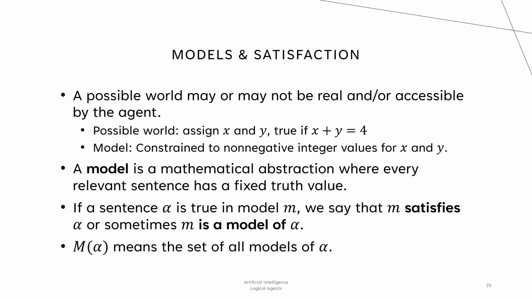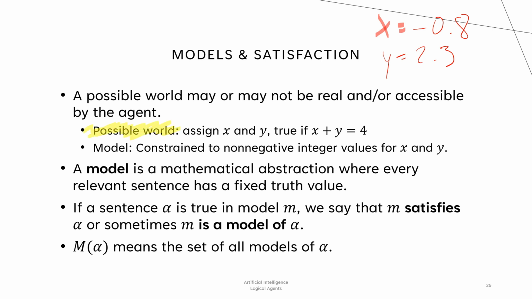Now we're going to talk about models. A possible world, you might be able to assign x and y as anything, right? So you could have x be a negative float, negative 0.8, and your y value is 2.3. And that could be a valid possible world, but not exactly easy for a computer to work with, right?